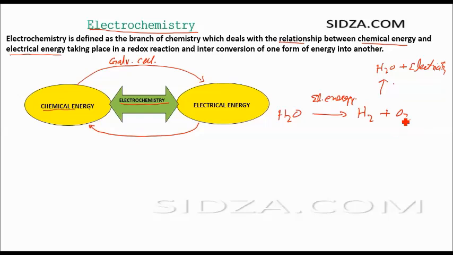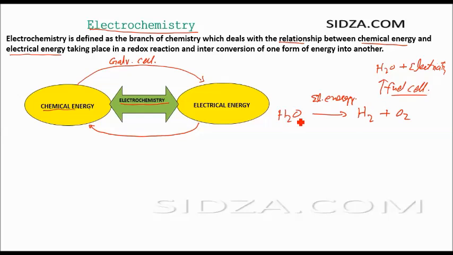The chemical reaction is spontaneous, it will occur of its own, and we have a device for this process which we will discuss later on. We call it the fuel cell. Very interesting, very efficient cells, fuel cells, right?